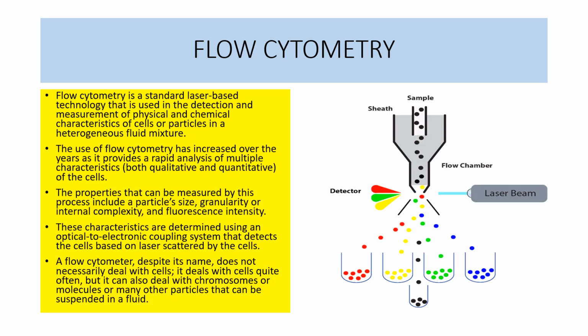Flow cytometry is a standard laser based technology that is used in the detection and measurement of physical and chemical characteristics of cells or particles in a heterogeneous fluid mixture. The use of flow cytometry has increased over the years as it provides a rapid analysis of multiple characteristics, both qualitative and quantitative, of the cells.